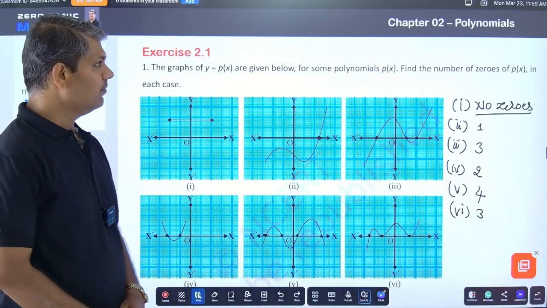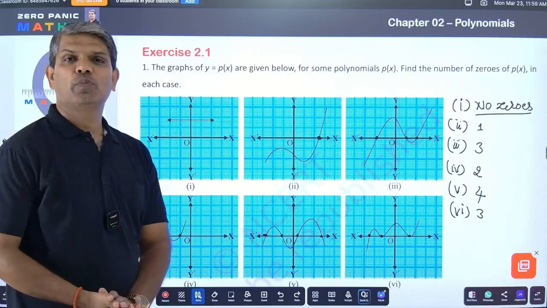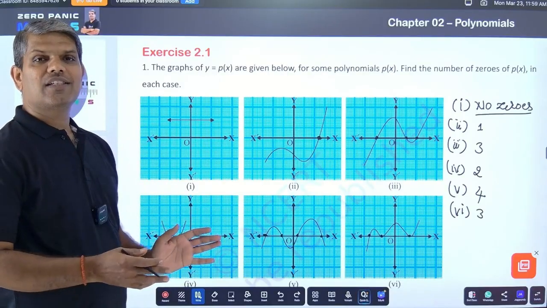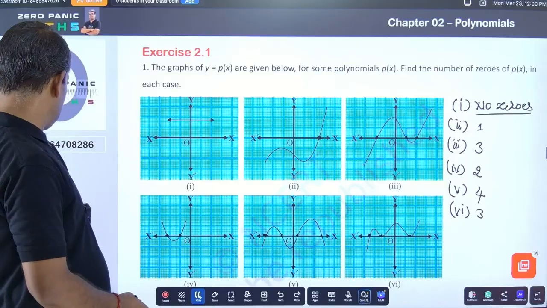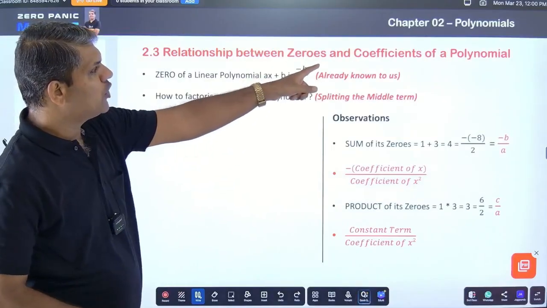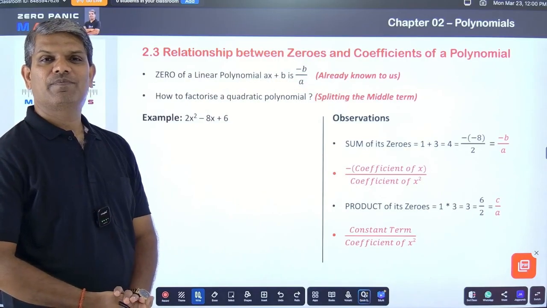This is all about exercise 2.1. Now let us stop this discussion here, and in the next session, we're going to see some important relationships between zeros and coefficients of a polynomial. Thank you.